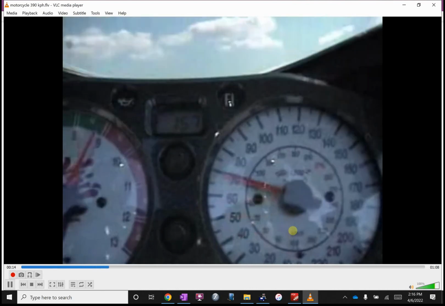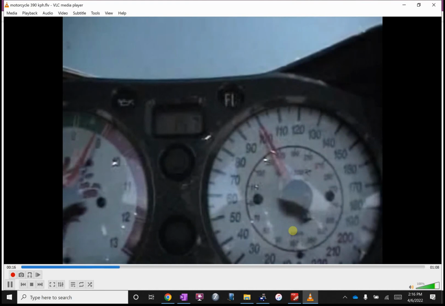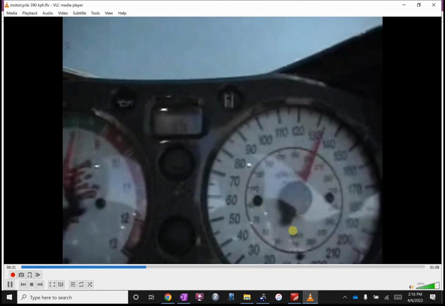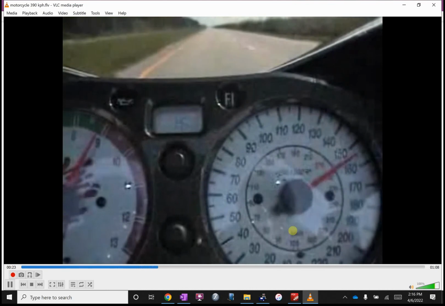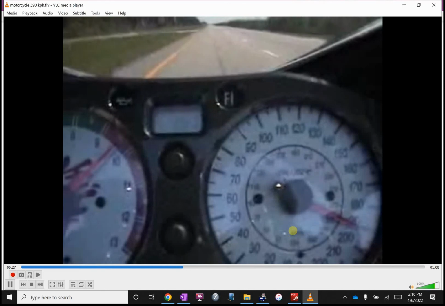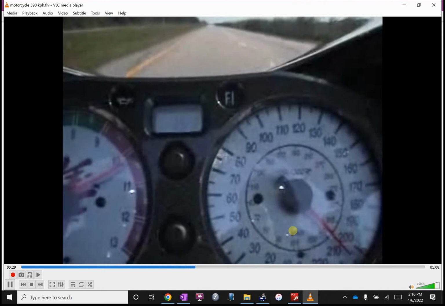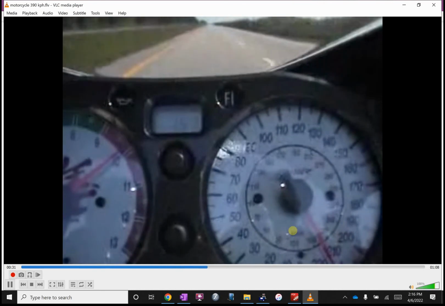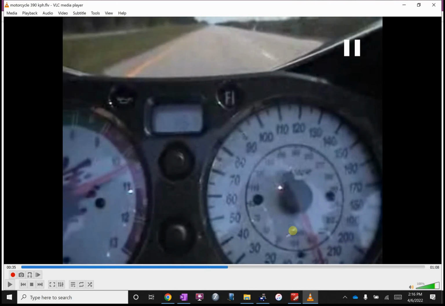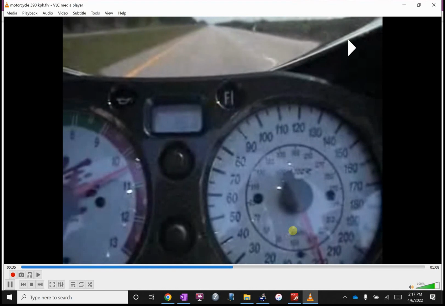In case you're wondering, it's Vancouver Island somewhere. So get your stopwatches ready. I'll tell you when we're going to start. I'll drop my hand.